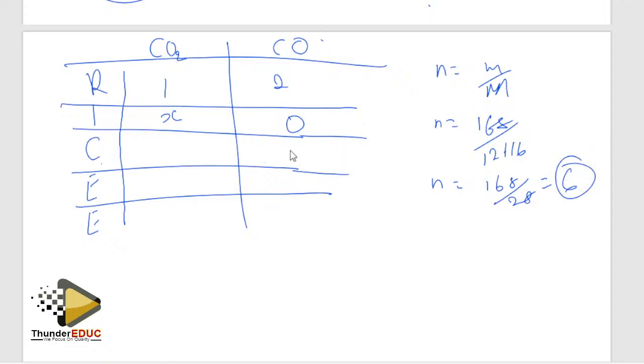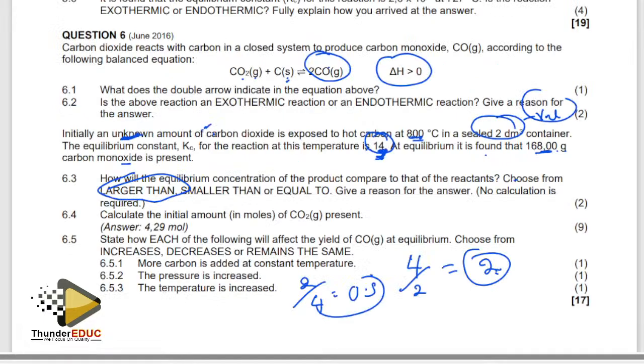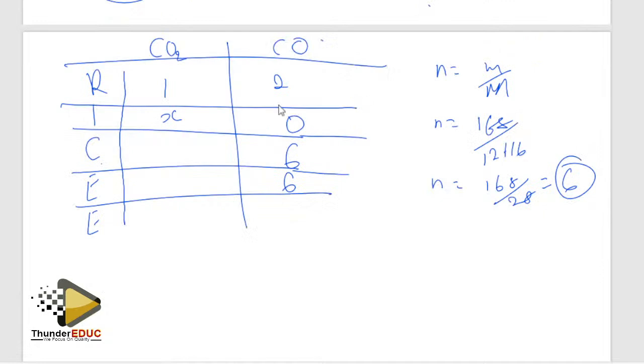So it means that the change here is 6. What we produced is 6, and what remained at equilibrium is exactly 6. Yes, because that is product. Is it clear? Yes. Now, if we come here now, if this is 6, what did I use?